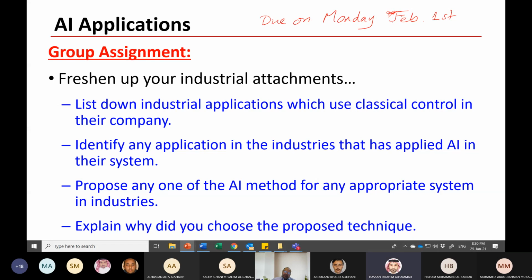You can just put an announcement in the WhatsApp group: if anybody needs to form a group, please. Of course, you can. All right, I'll do that. Thank you.